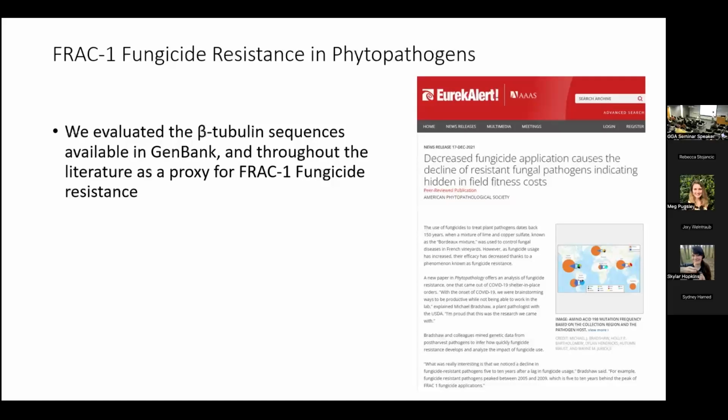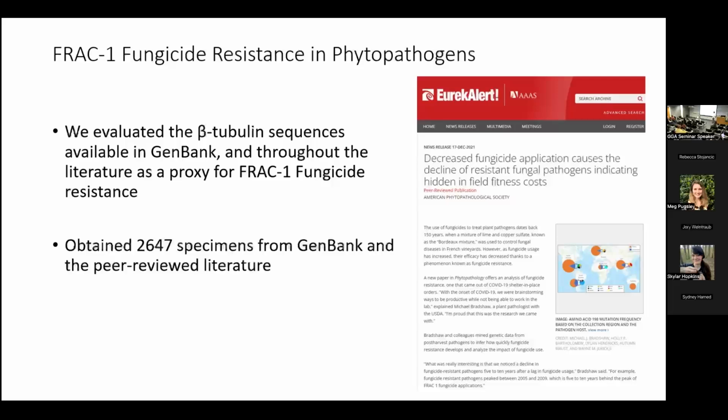How is FRAC1 resistance changing over time? And how can we look at this genetically? So I just mined GenBank. I obtained 2,647 specimens from GenBank and the peer-reviewed literature. I chose the FRAC1 fungicide resistance because TUB, the locus that's related to this, that has that point mutation, is often used in taxonomy studies.